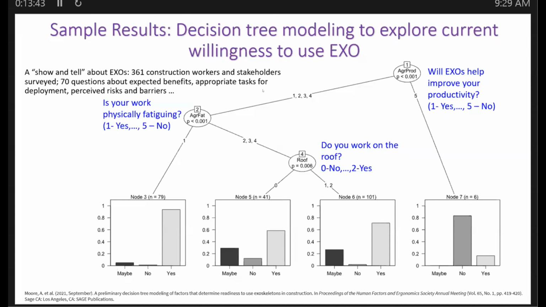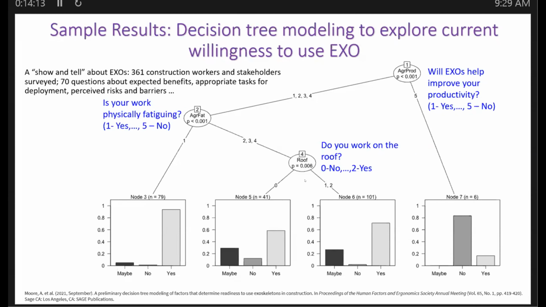Among everybody else, the second branch was, is your work physically fatiguing? And those that said 1, like, yes, my work is physically fatiguing, had a very high probability of saying, yes, I'd be willing to use an exoskeleton for my work. And the other responses, nobody said 5, this is construction work. The other 2, 3, 4 responses came together. But the next branch, interestingly, in the construction setting was, do you work on a roof?